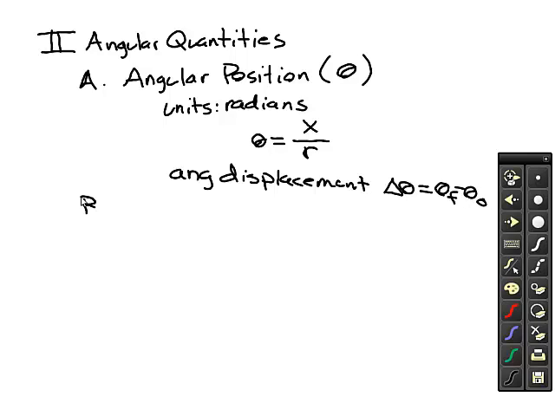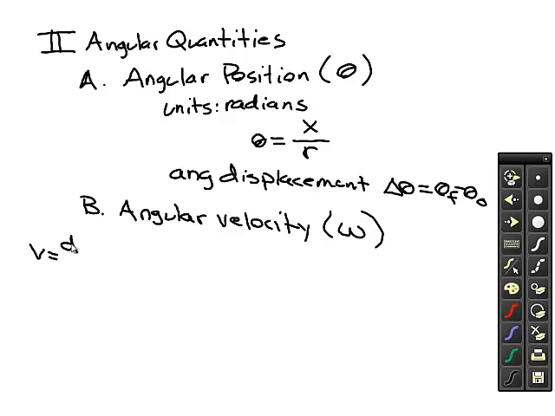Okay, part B, angular velocity. As we said, the symbol is the Greek letter omega. It looks like a curvy little lowercase w. Now, back in the day, linear velocity was just dx dt.